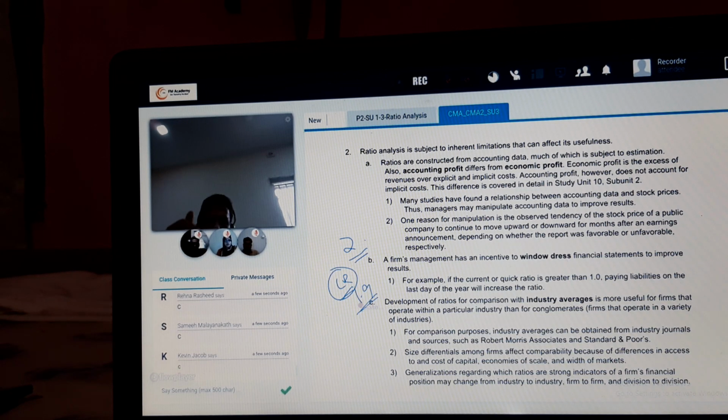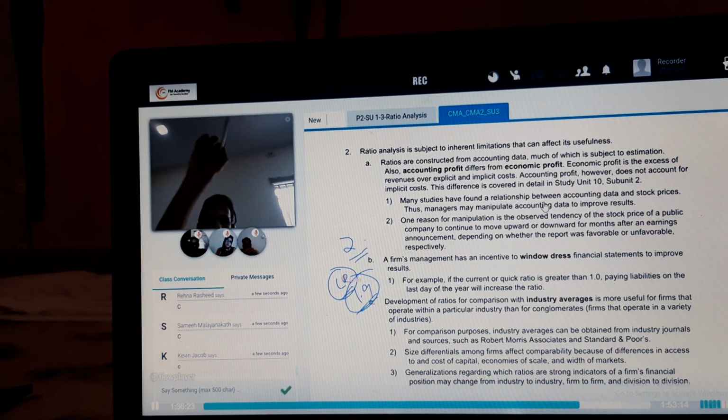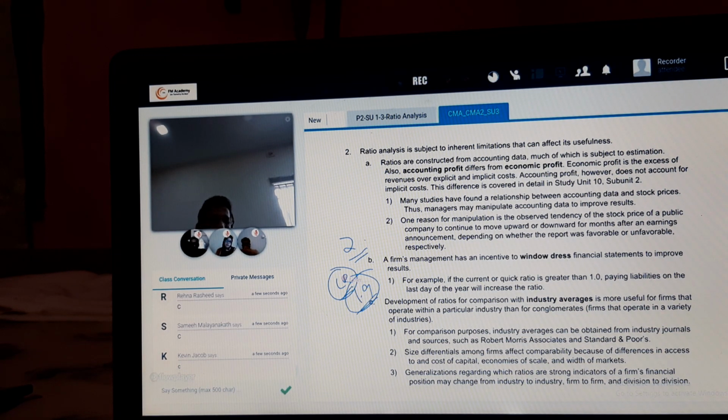So just look at the balance sheet: you normally pay the salary at the beginning of the next month. Because you have seen 1.9, you can do a slight window dressing by paying the salary now instead of paying on the first day of the subsequent month, right? So you will have the cash coming down from the numerator and current liabilities coming out from the denominator.